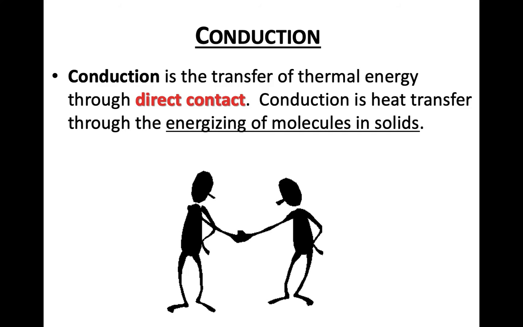By direct contact, I mean that objects must be physically touching one another in order for thermal energy to be transferred from one object to another. More specifically, conduction only happens when you're energizing molecules within a solid.